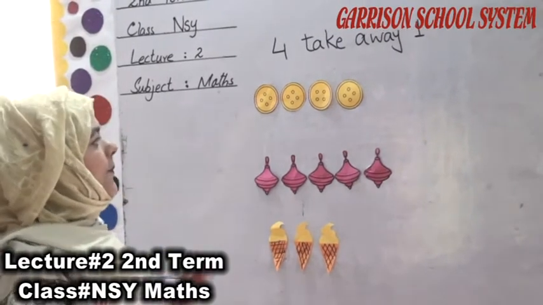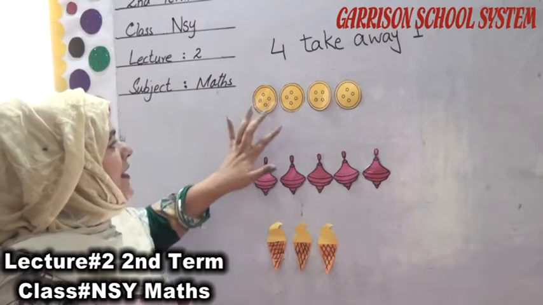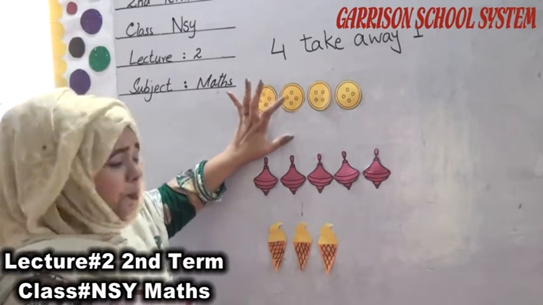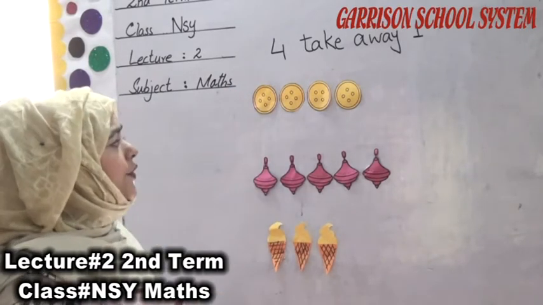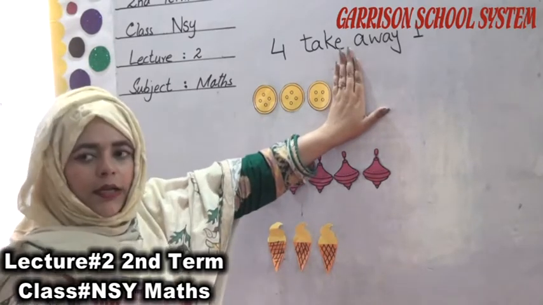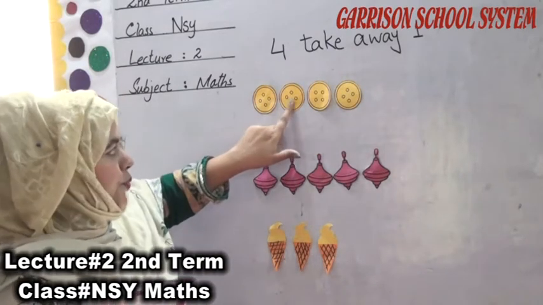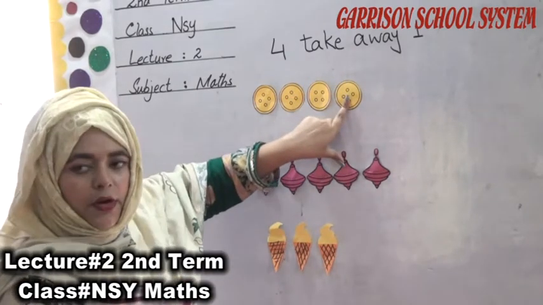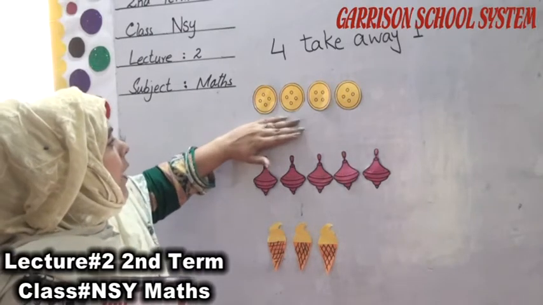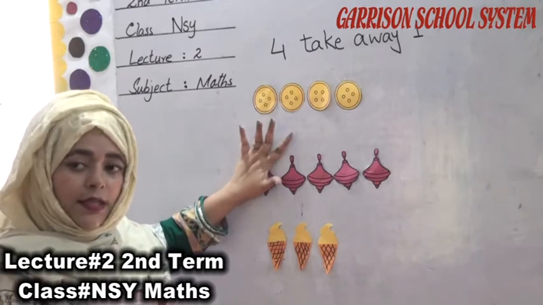You can see these are very colorful yellow buttons. If we count from 1 to this, these are 4 in number.